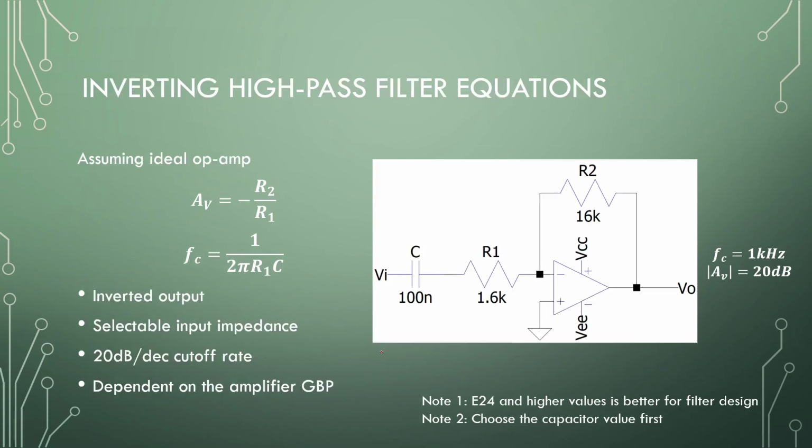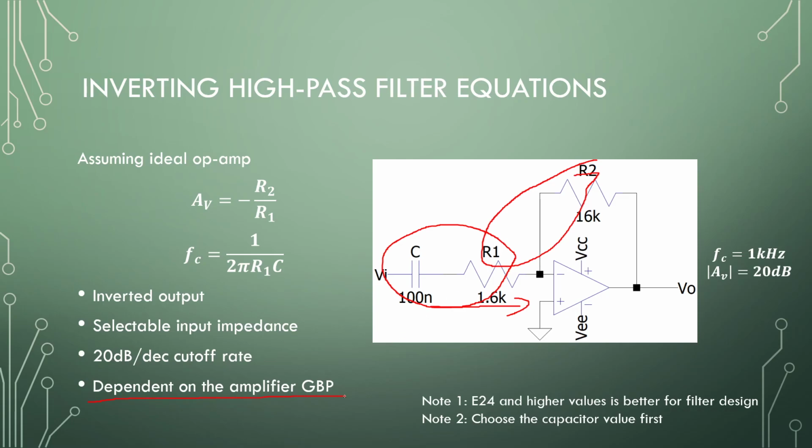Right. Now for the high pass filter, so this is the inverting configuration, so output will be turned around. Again, we have a selectable input impedance. The filtering is dependent on these two components and the gain on R1 and R2.